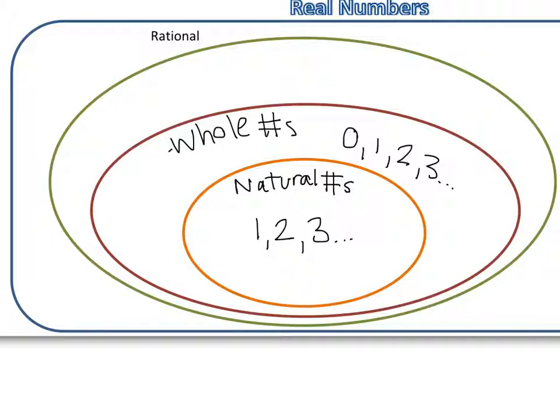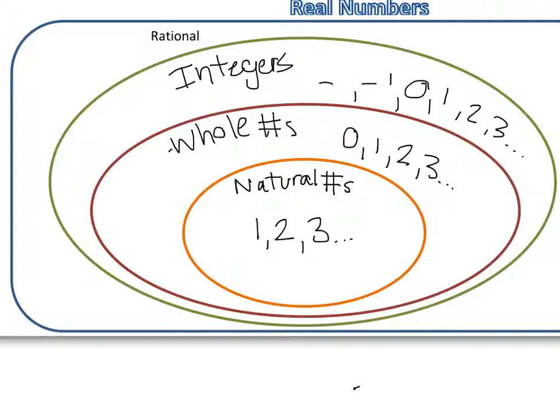So that means our category is the integers. Okay, so that's all the whole numbers and their negatives. Negative 1, negative 2, negative 3, so on and so forth, both ways. Alright, so that group's a little bigger.